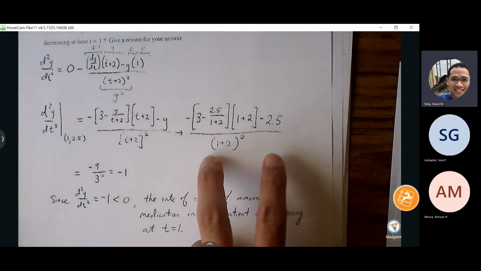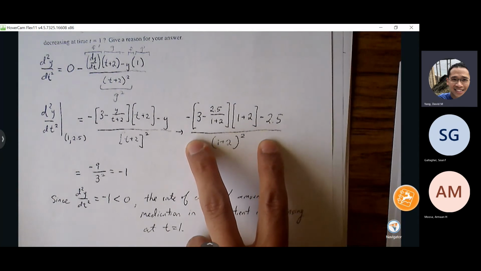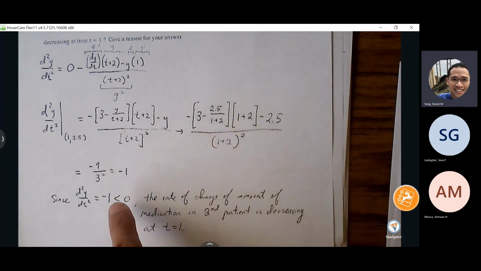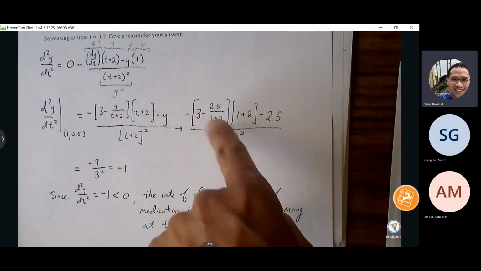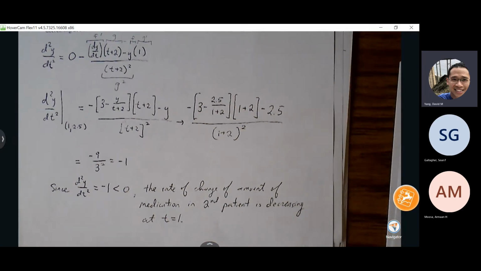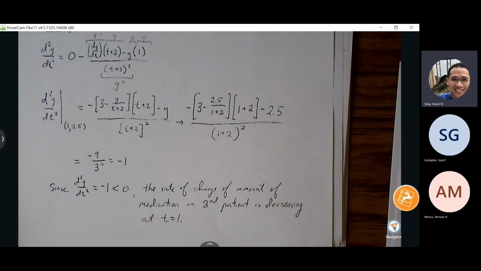I think you could get away with leaving your answer like this as long as you can claim that it's a value, whether you know it's positive or negative, and being able to make that justification.